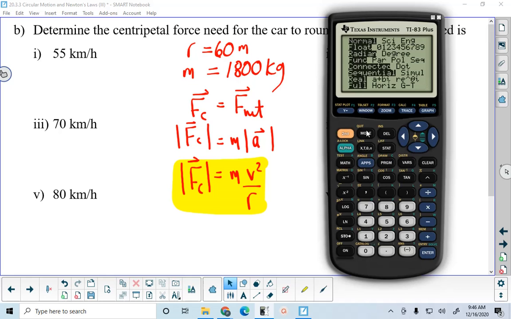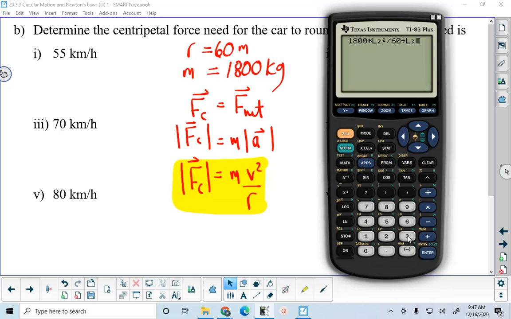Okay, now I need to take mv squared over r. This is really easy when you figure out this list thing. mv squared over r will be the mass, 1800, times list 2, where my speeds in meters per second are, squared, divided by the radius, which is 60. And I want to store them in a list so that I can see what the values are, so I'm going to store them in list 3.